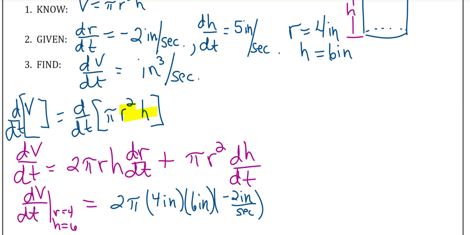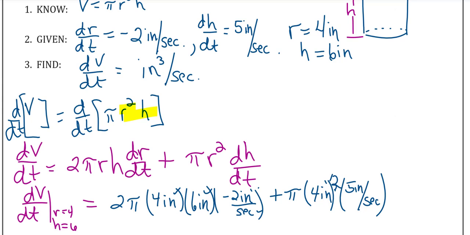And if you notice here, I have cubic inches, 1, 2, 3, and 1 rate per second. So that's great. And I'm going to add to that pi times 4 inches squared times my rate for the change in the height, and that is positive 5 inches per second. And again, checking my units, I have inches squared and inches and 1 rate, so that's good.